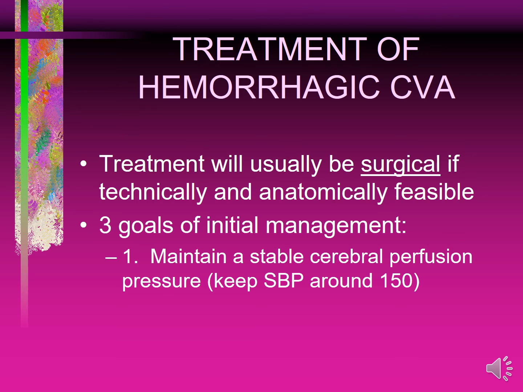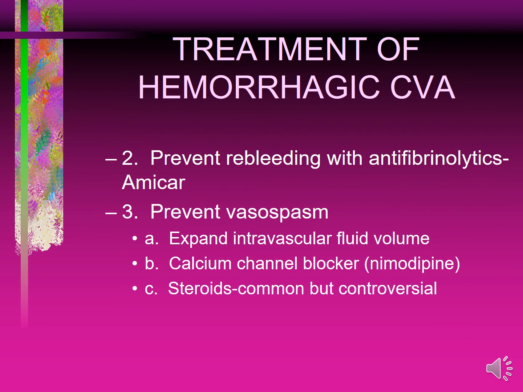So when we're dealing with patients who are having strokes, we don't want to take their blood pressure down too terribly low, because we are going to then decrease the perfusion to their brain, and that's not what they need while they're undergoing a stroke. Second goal that we have when we're treating a hemorrhagic CVA is to stop rebleeding. And so we're going to use something to stop the bleeding, and that's usually a drug called Amicar.